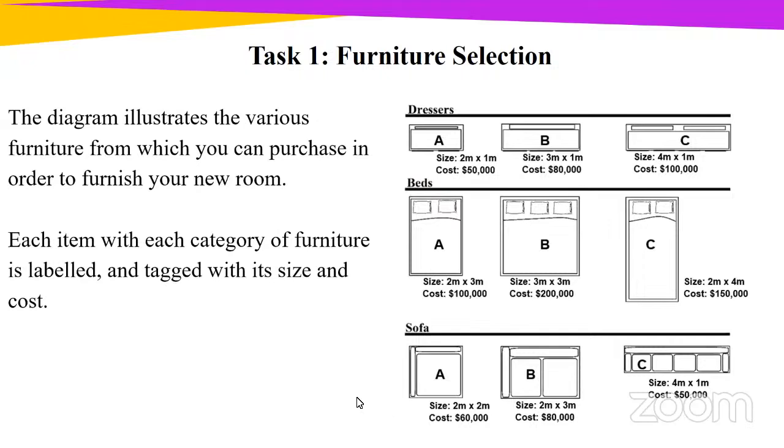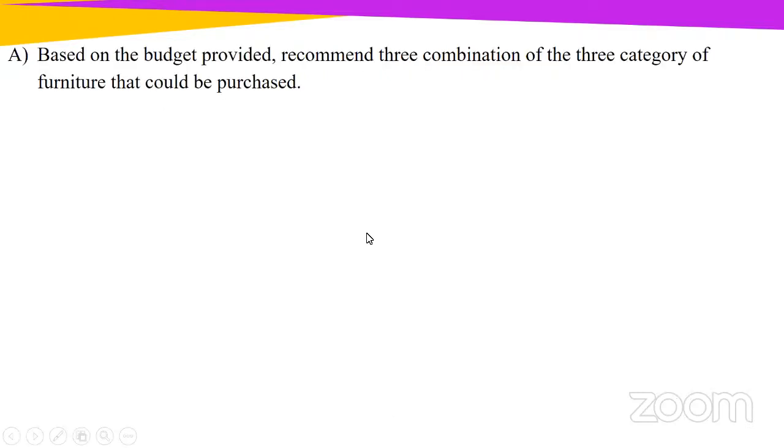Let's move on. All right, boys and girls, based on the budget provided, I want you to recommend 3 combinations of the 3 categories of furniture that could be purchased.